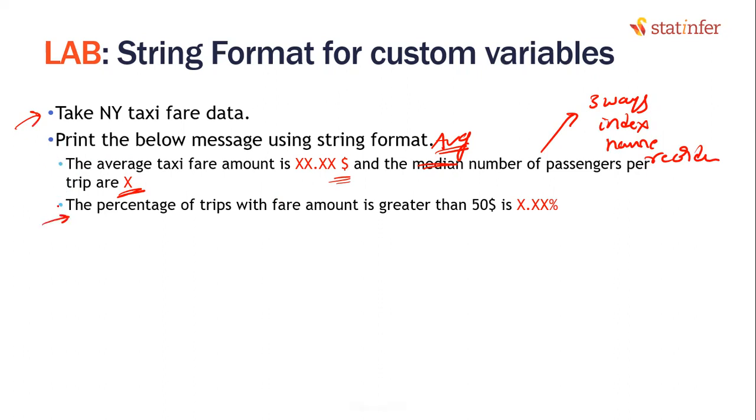The percentage of trips, this is another message: the percentage of trips with fare amount greater than $50 is these many. First of all, you have to calculate how many percent of trips have fare amount greater than $50, and you have to print it in this manner. Try to use two or three different ways of printing the same one. Okay, so try to do this quick lab exercise.